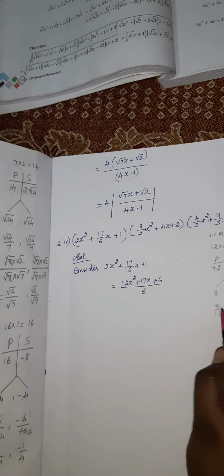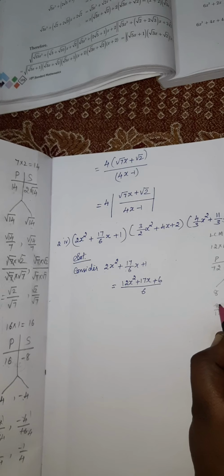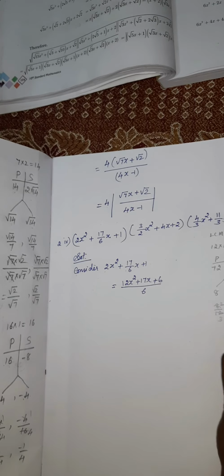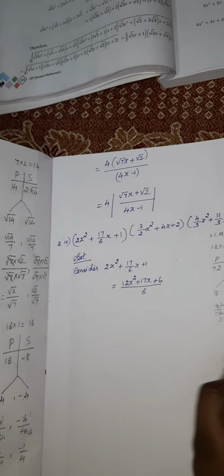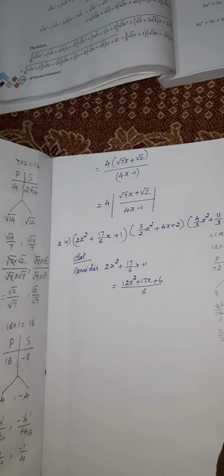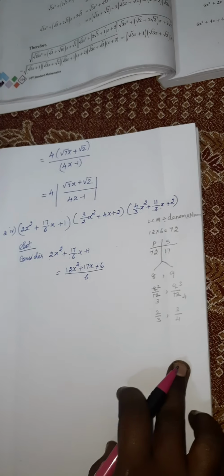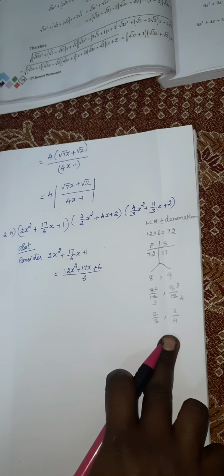Simplify this. Using the 4 table for the first one, 2 fours are 8, 3 fours are 12. For the second, using the 3 table, 3 threes are 9, 4 threes are 12. So you get 2/3 and 3/4.